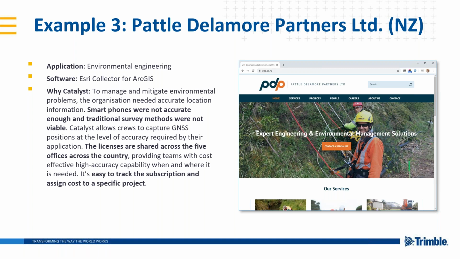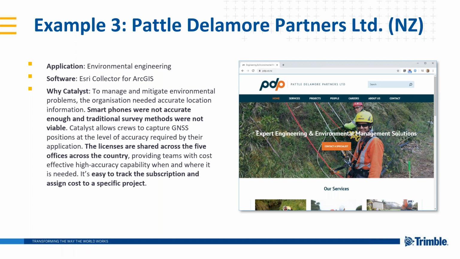I mentioned before the challenges of juggling some of the equipment across teams and especially across locations, such as would be the case in this instance. But they've equipped all offices with the antenna, and then they share the subscription across the offices. So their teams have the high accuracy capability when and where it is needed.